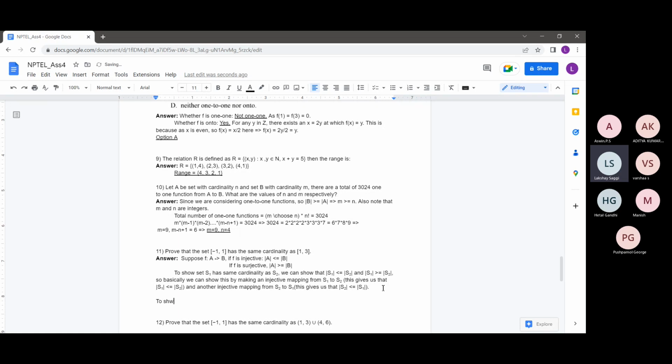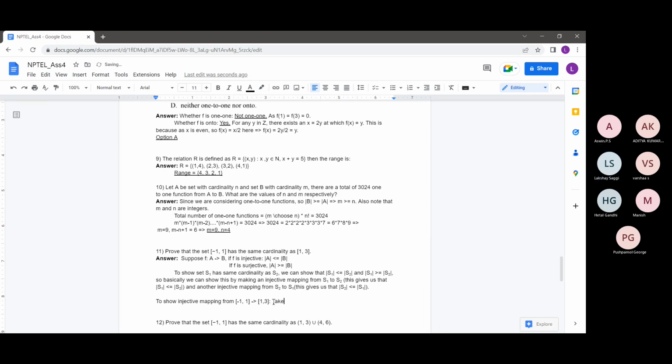So to show an injective mapping from -1 to 1 to 1 to 3, we need a mapping which is injective. That's how we get that the size of -1 to 1 is less than or equal to that of 1 to 3.